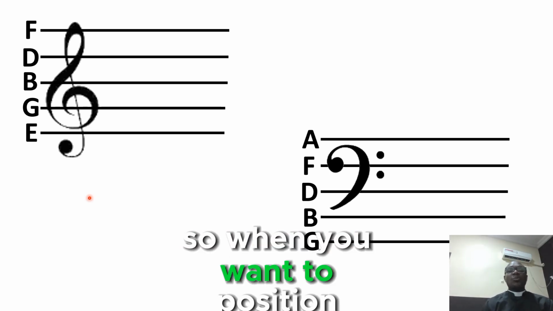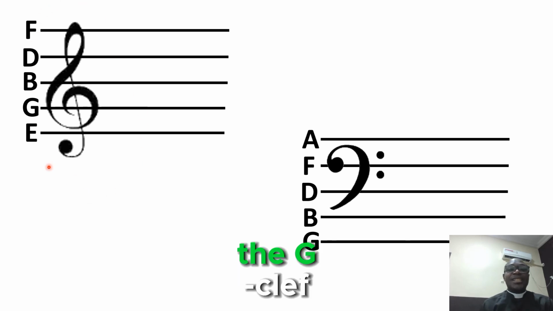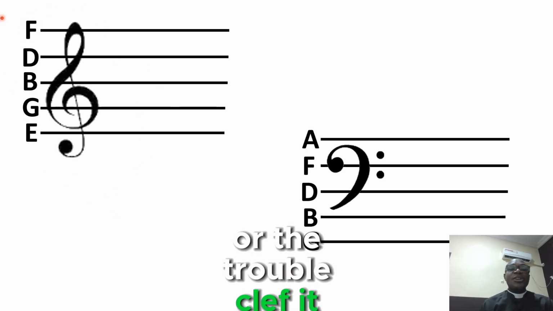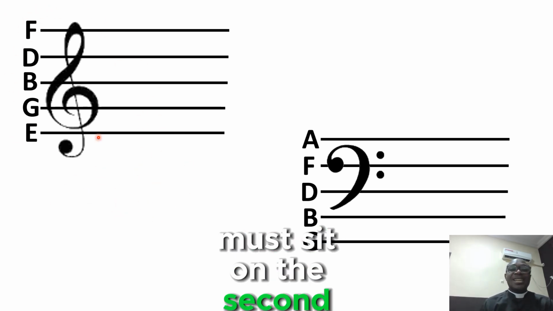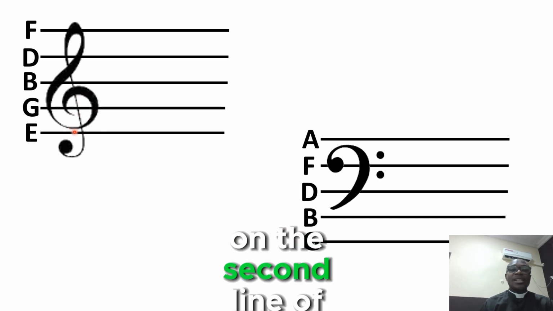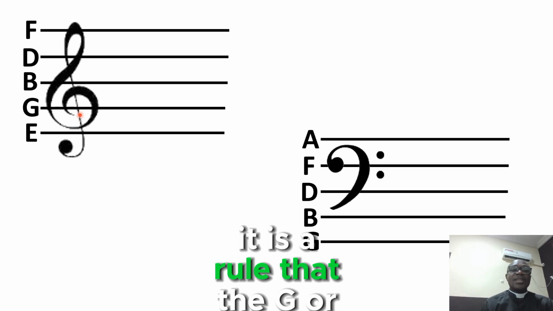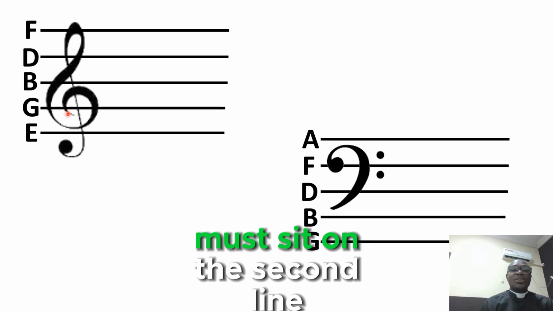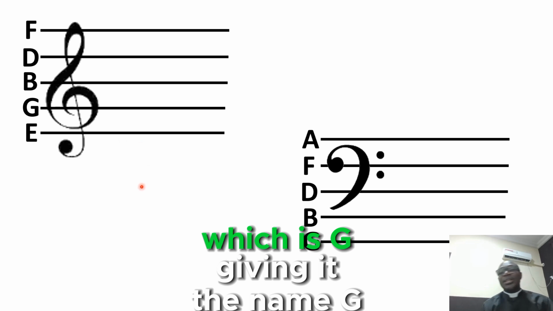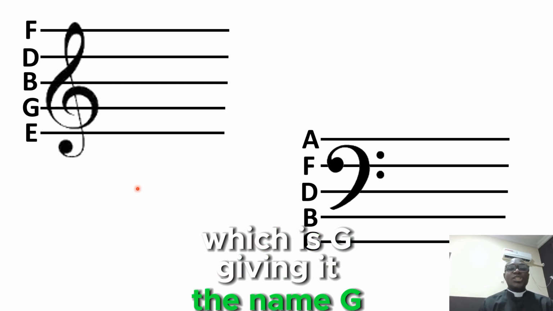So, when you want to position the G-clef or the treble clef, it must sit on the second line of the staff. It is a rule that the G or treble clef must sit on the second line, which is G, giving it the name G-clef.